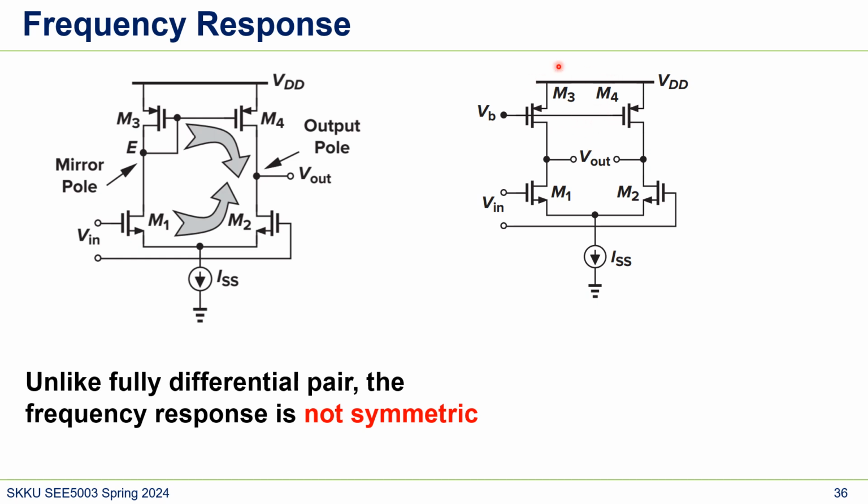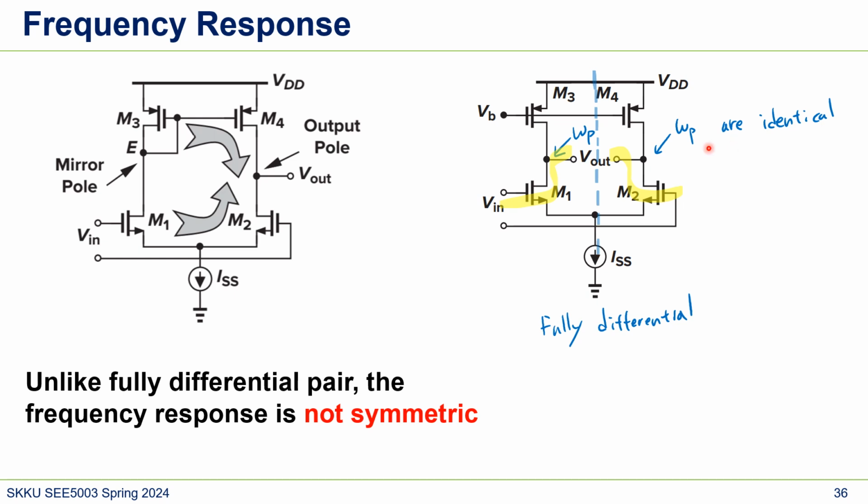Do you remember in a fully differential amplifier, these 2 poles are identical, because the signal flow from here to here or here to here is all symmetric?